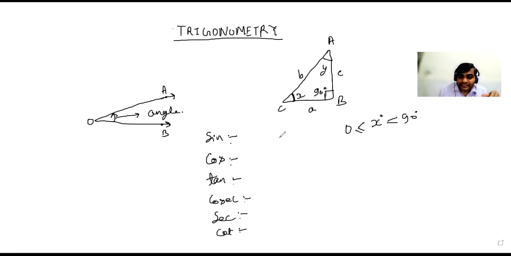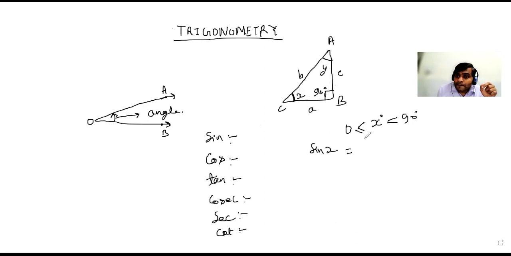For sine x, we will find the value for an acute angle, sine x. That means we check the ratio of sine with respect to this angle.